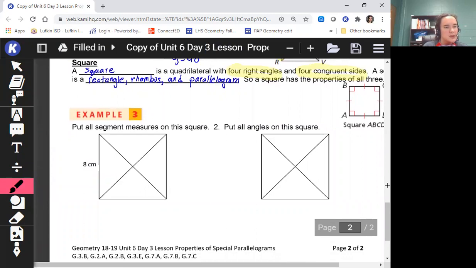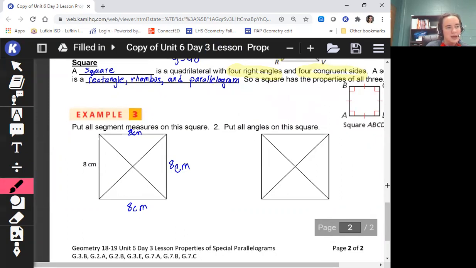So in our figures here, we want to label the missing side lengths. So we need our side lengths. We know that all 4 of the sides are 8 centimeters because our sides are all congruent, which means we need to find our diagonals.